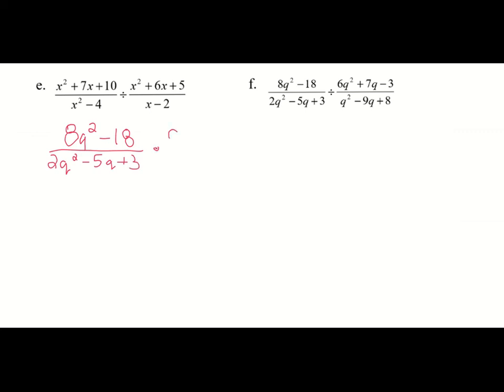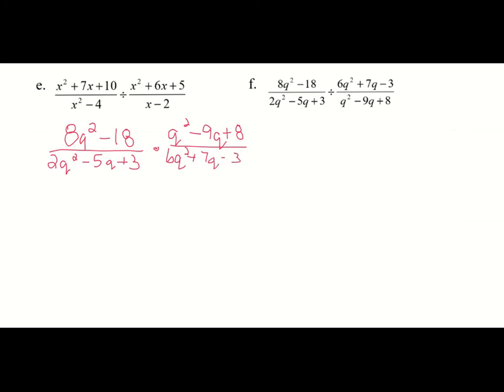So q squared minus 9q plus 8 over 6q squared plus 7q minus 3.